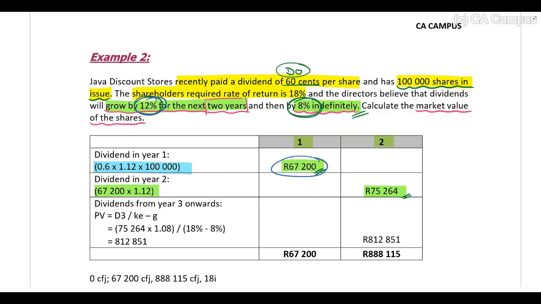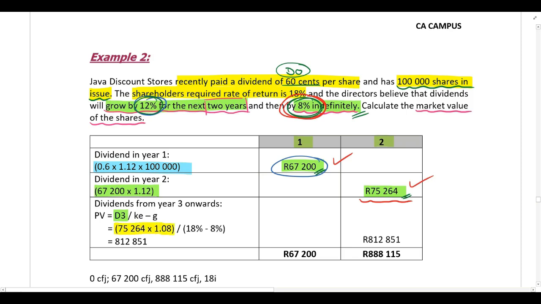However, from year 3 onwards, I now have consistent growth in perpetuity, so I can now use Gordon's dividend growth model. However, we've already accounted for the dividend in year 1 and the dividend in year 2. So I'm now working with my dividend in year 3. If I want the dividend for year 3, I'm going to take the dividend from year 2 and I'm going to grow that by 8%.